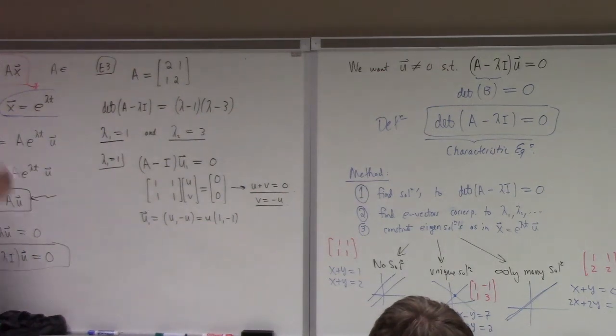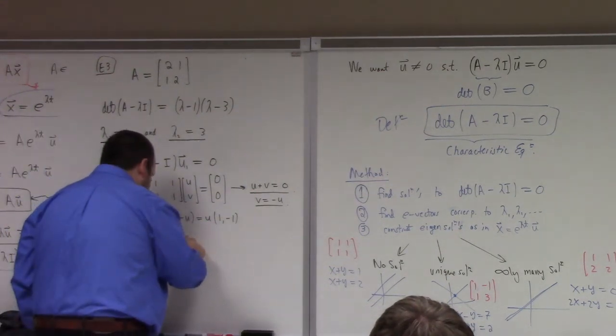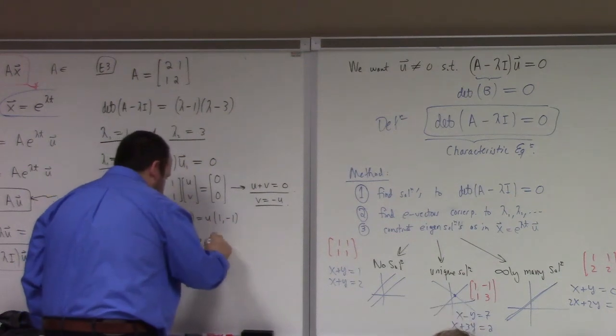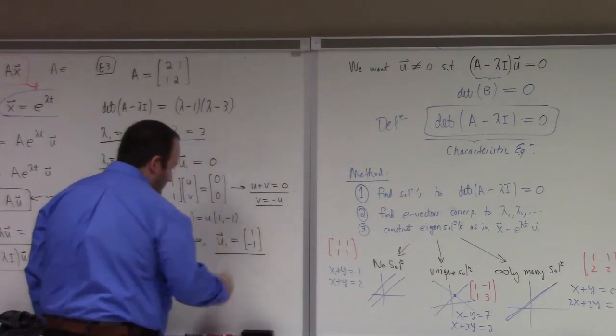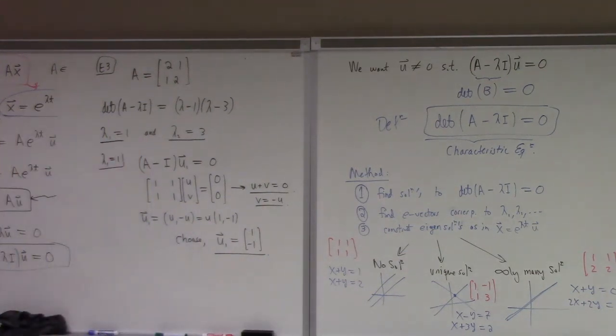So I choose, for my convenience, U1 equals 1, minus 1. Es bueno.